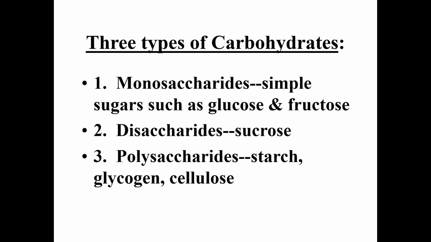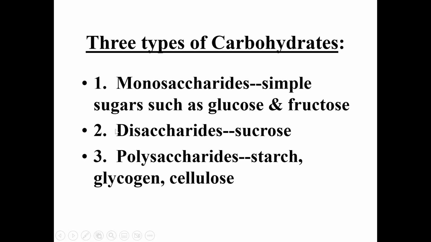And so there are 3 different types of carbohydrates, right? And so we have monosaccharides, right? These are carbohydrates, right, that form very simple monomers such as sugars, glucose, and fructose, right?